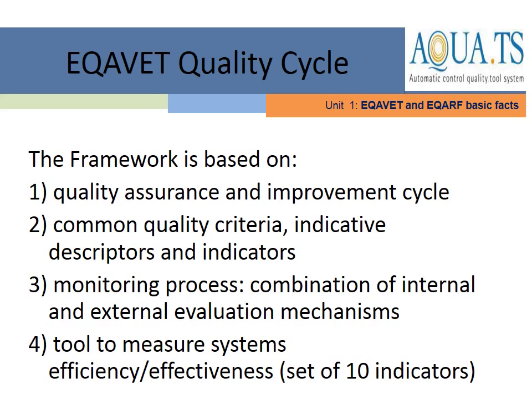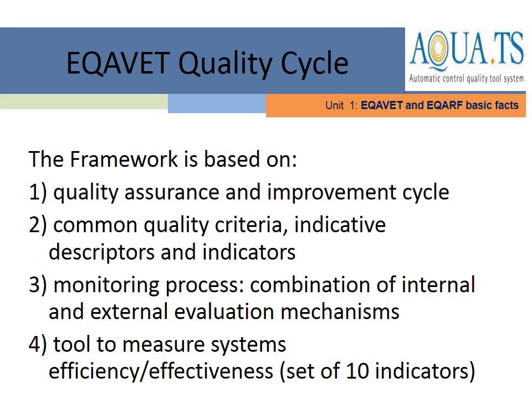EQAVET Quality Cycle. The recommendation invites member states to promote and monitor continuous improvement in their VET systems based on a common framework. This framework is comprised of a quality assurance and improvement cycle of planning, implementation, evaluation and review supported by indicative descriptors and indicators.